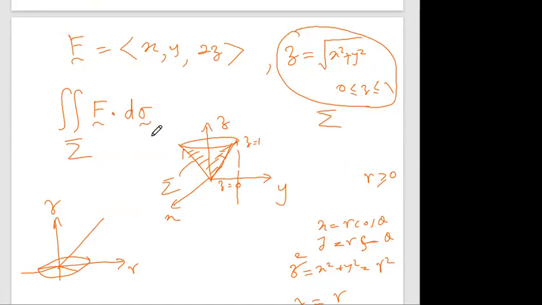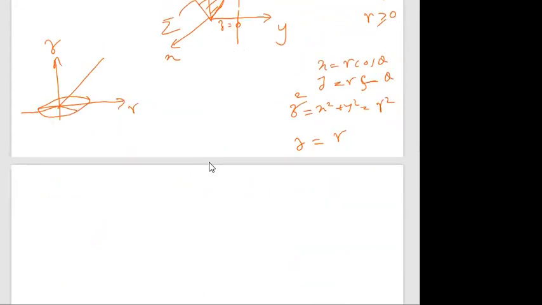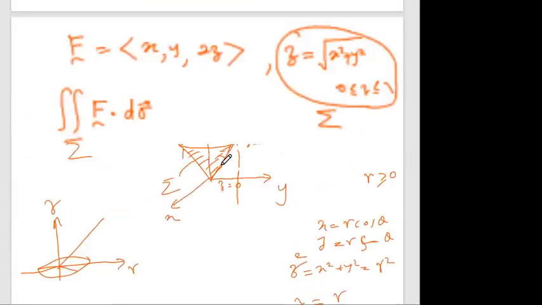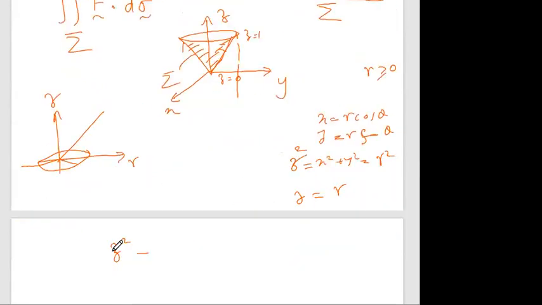Let's break this one down. This is your surface. Let's write your surface in terms of 2 variables, and because you are small babies, I will use u and v.